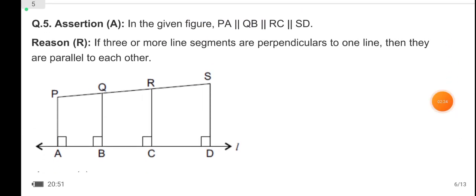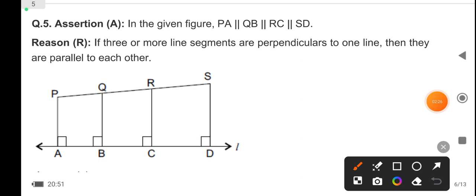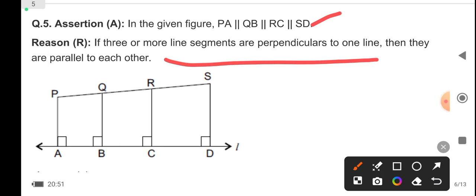Question number 5. Here they are talking about lines that are parallel when three or more line segments are perpendicular to one line. So the assertion is correct. Yes, PA, QB, RC, SD are parallel from the given figure.